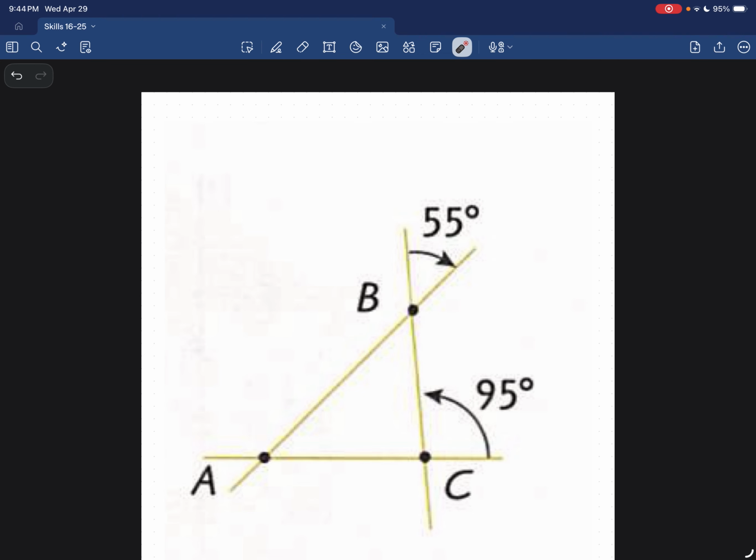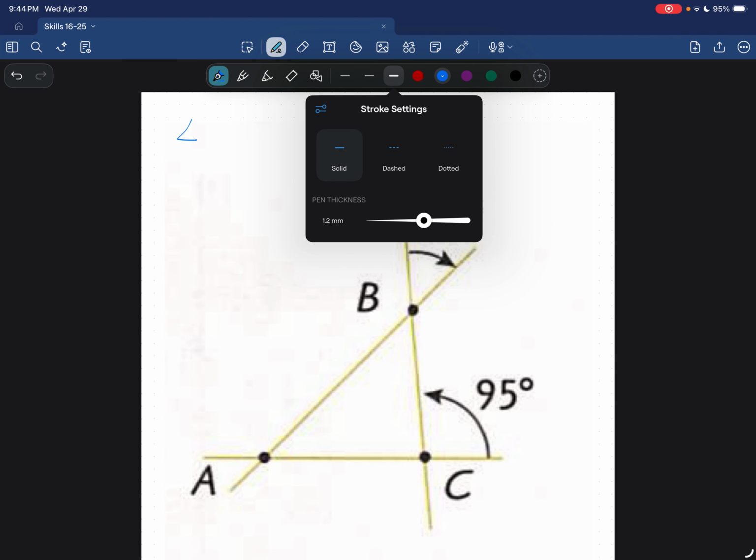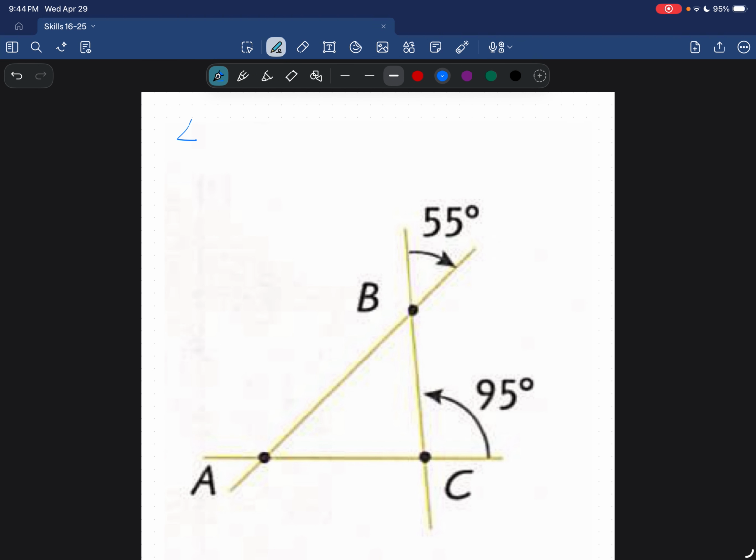Alpha's in the middle, so we are looking for this one right here. We want to know angle BAC. So we are looking for really the angle alpha, the A.